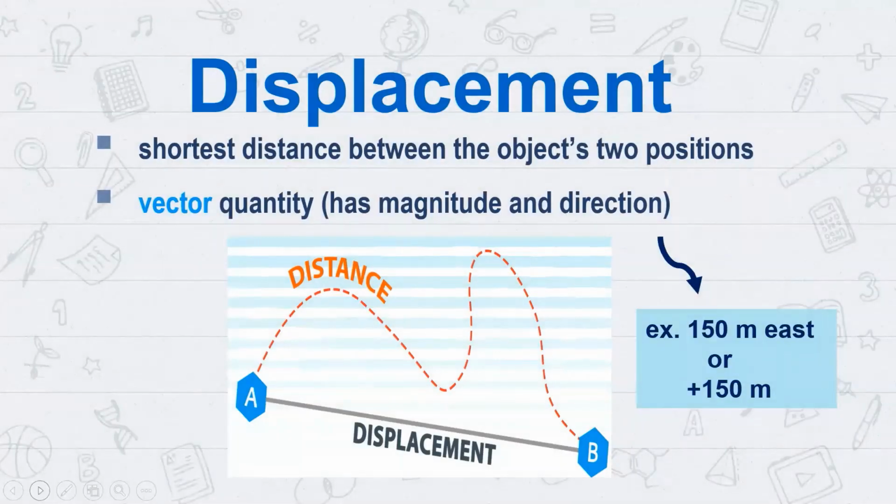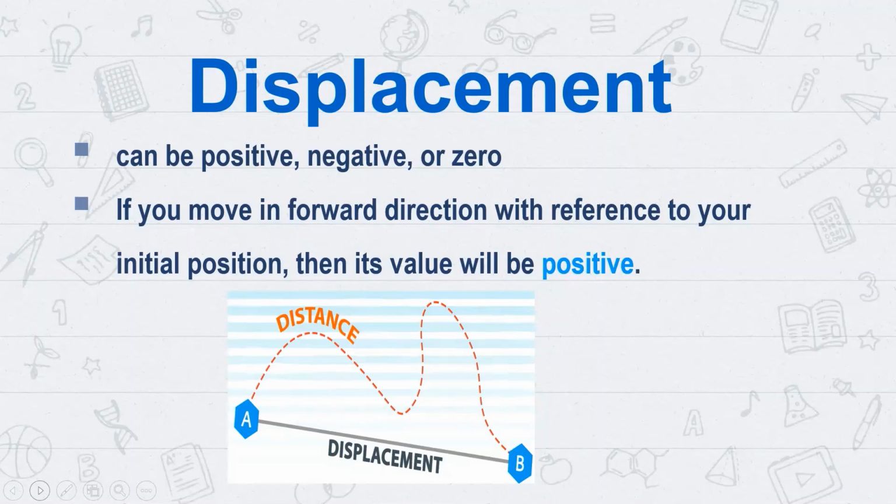For example, it can be written as 150 meters east or positive 150 meters. Also remember that displacement can be positive, negative, or zero. If you move in forward direction with reference to your initial position, then its value will be positive.